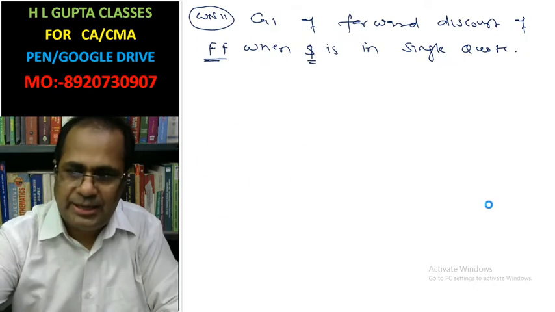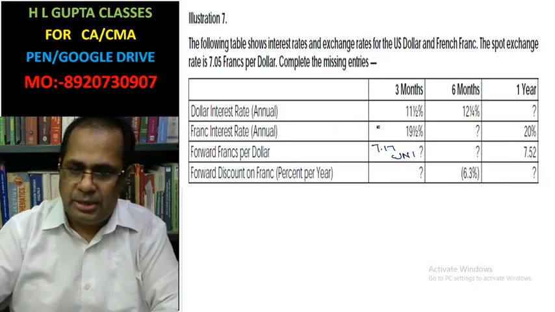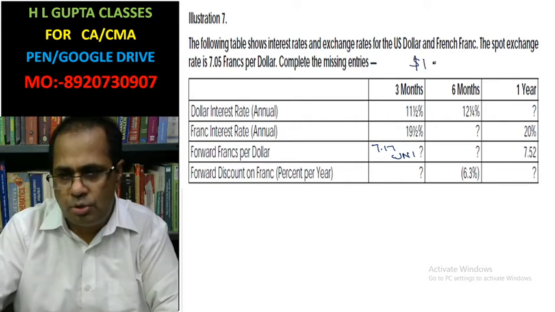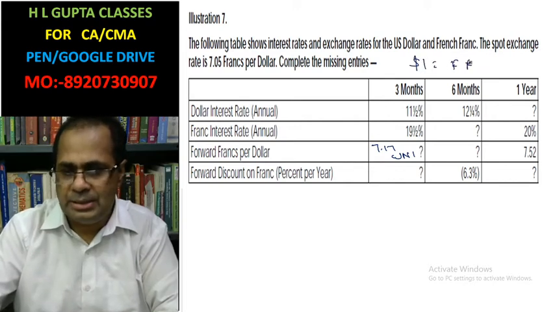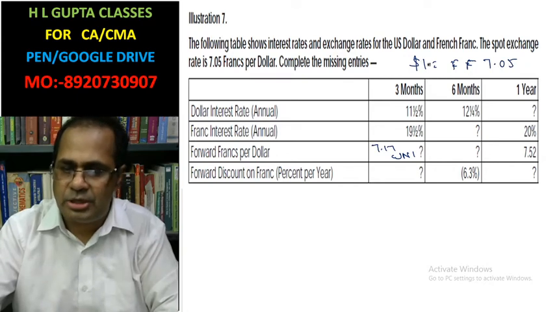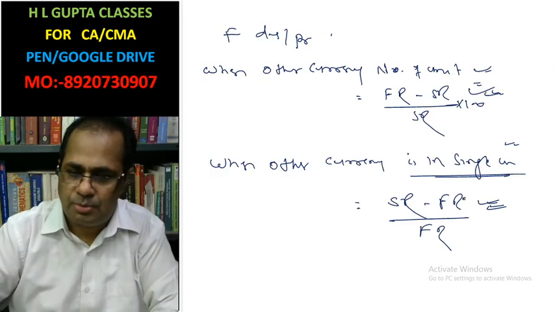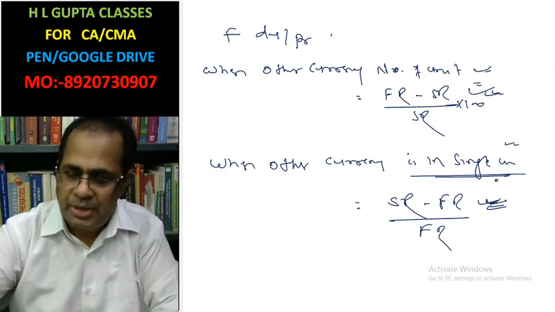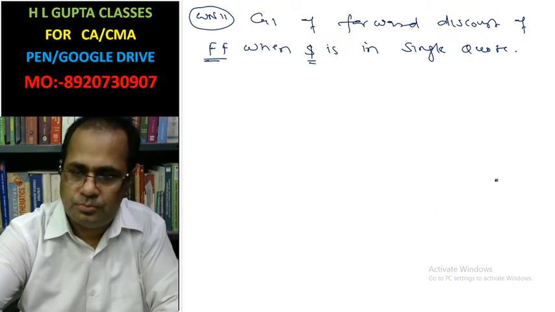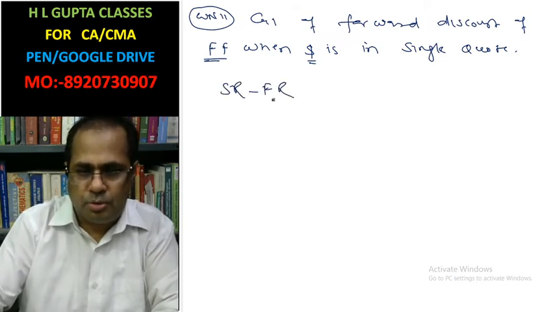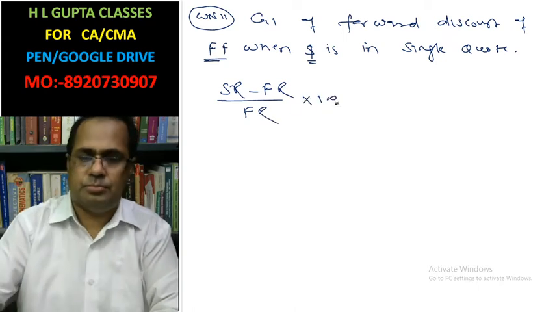In the given case, what is dollar? Dollar 1 equal to French franc 7.05. Here dollar is a single unit. That's why you will have to apply this one formula, the single unit formula: spot rate minus forward rate upon forward rate into 100.